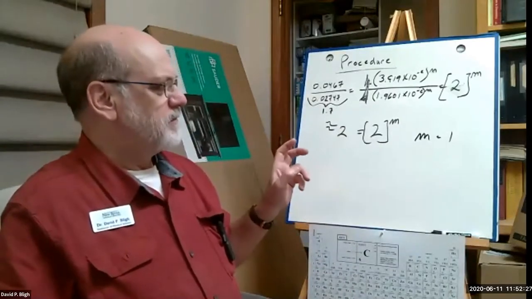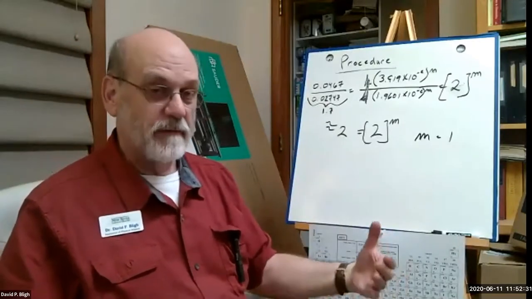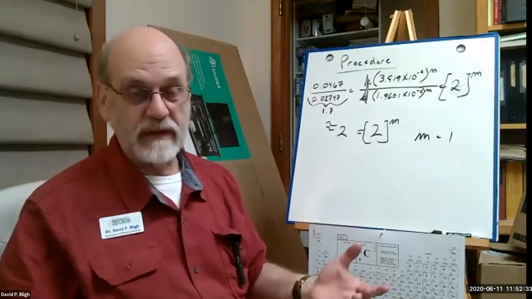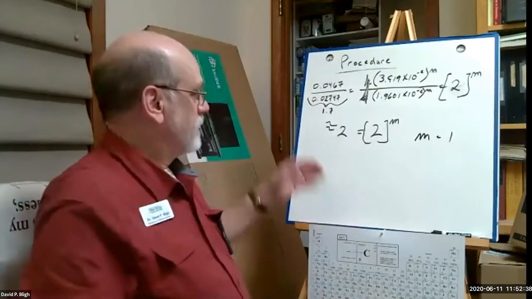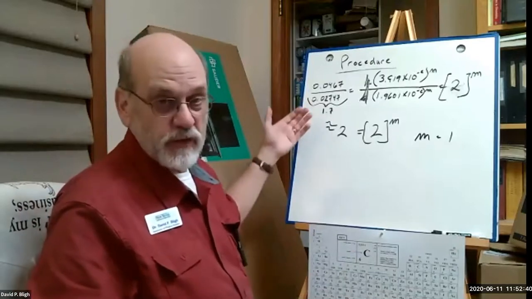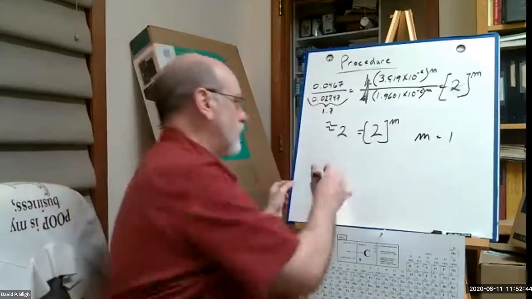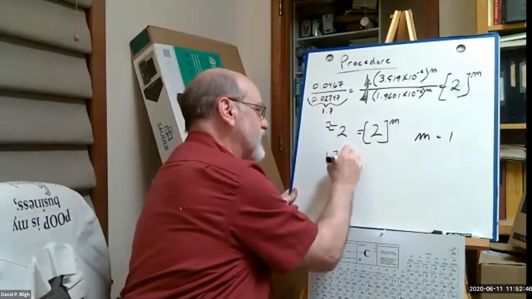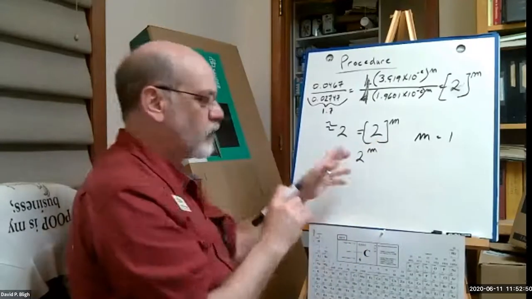So in calculating m that I'm going to do next, the value won't be a whole number. So that's what you would do if you're stuck with a value that's not close enough to round to a whole number. So what do we do? Well, if we've got 1.7 equals 2 to the m power, how do we find m?